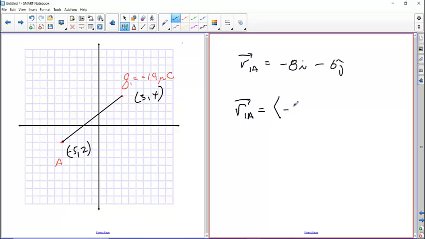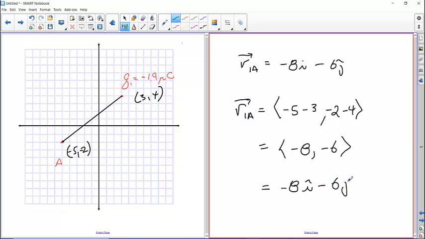You'll have negative 5 minus 3, comma, and then you take negative 2 minus 4, which is negative 8, comma, negative 6, or negative 8I minus 6J. Okay, so that's my position vector.